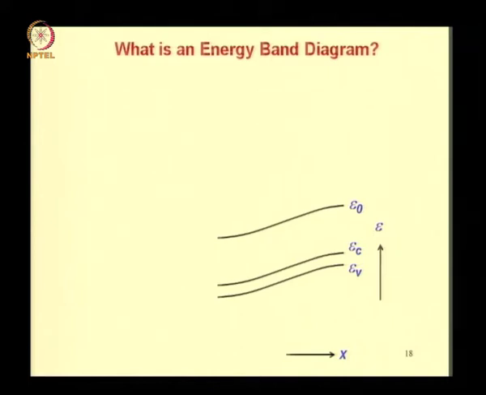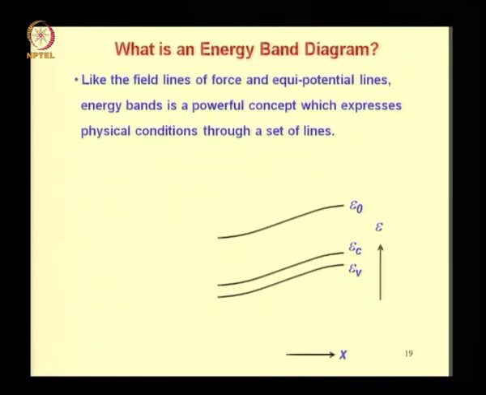We shall come to those lines in a moment. Here we are only giving an example of an energy band diagram, and we want to appreciate what these lines mean. So like the field lines of force and equipotential lines, energy bands is a powerful concept which expresses physical conditions through a set of lines.